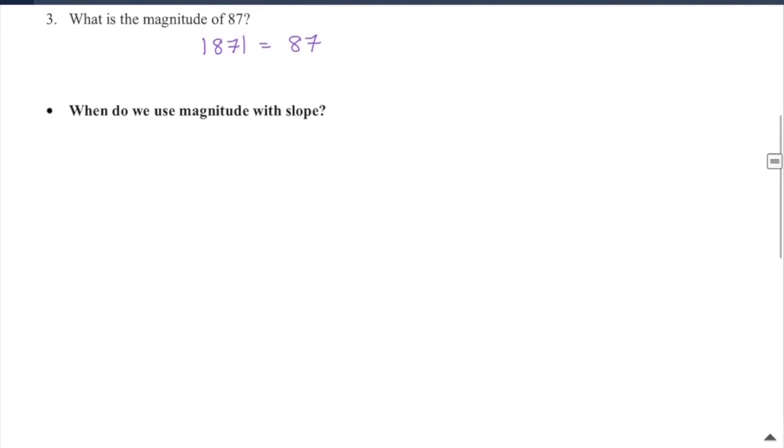So when do we use magnitude with slope? We do this when we want to determine which line is steeper or flatter when we're comparing two lines.